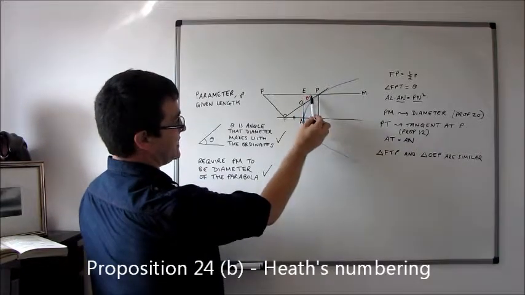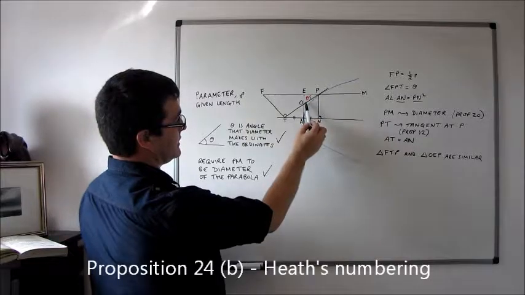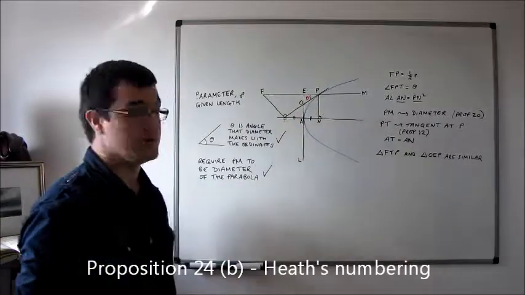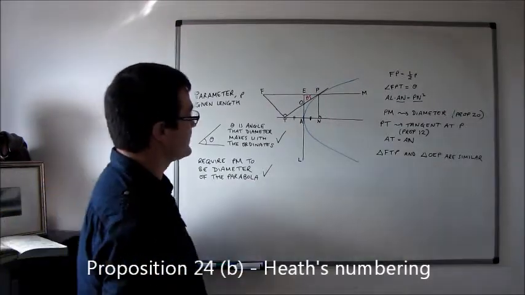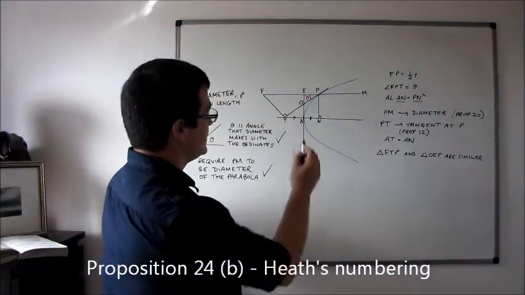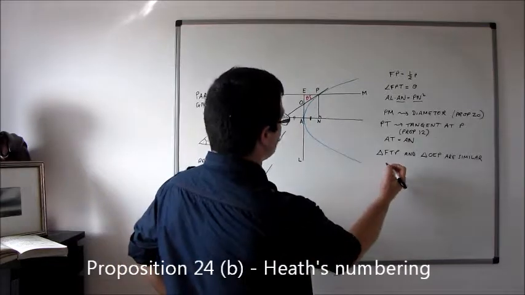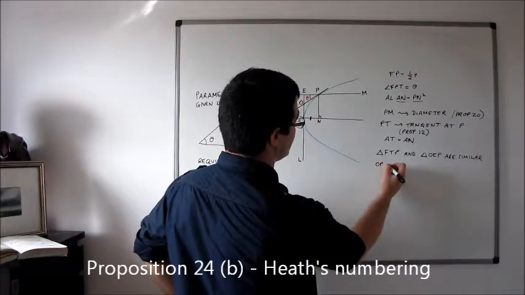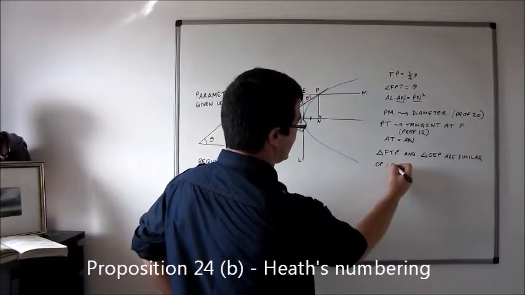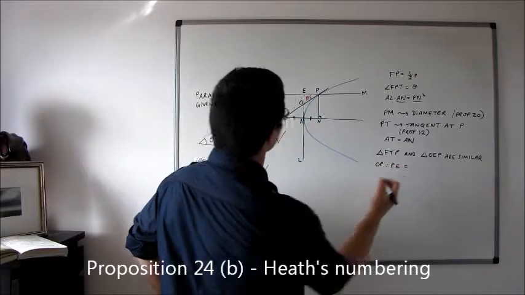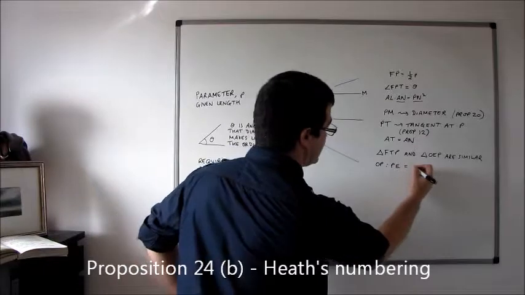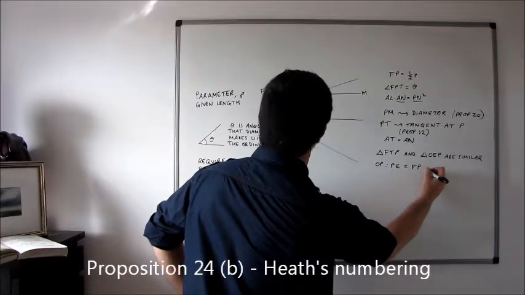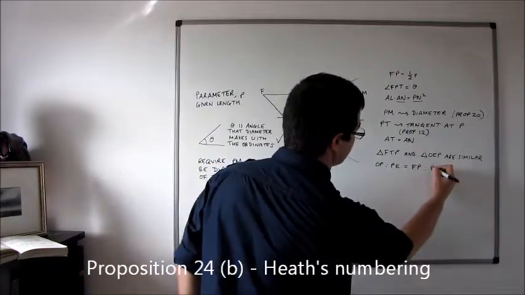They both share the same angle theta, and so therefore the other angle is going to be 90 minus theta. So they're similar triangles. Okay, so the ratio OP to PE is going to be equal to the ratio of FP to PT.